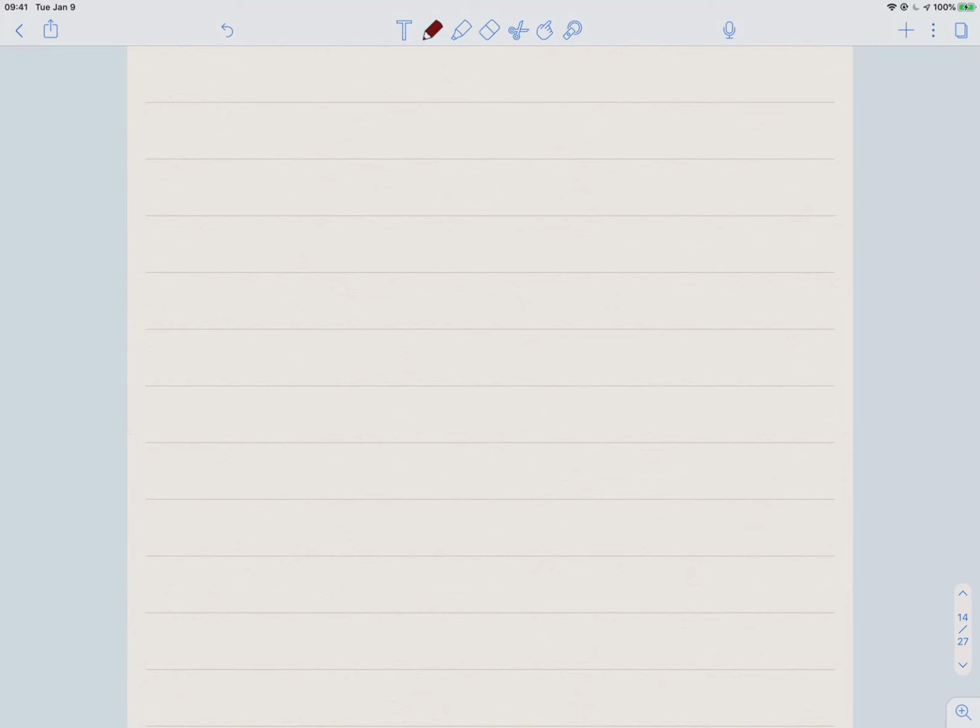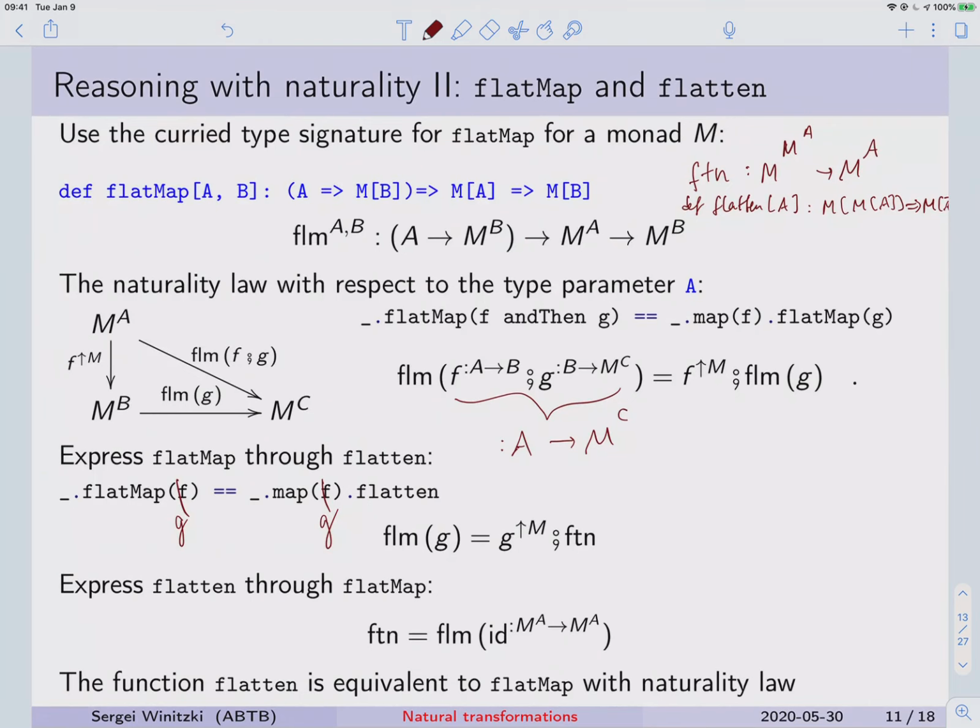So first of all, flatMap of G is defined by G lifted to M and then flatten. And flatten is defined as flatMap of identity. And additionally, I have the naturality law, which I have right here.